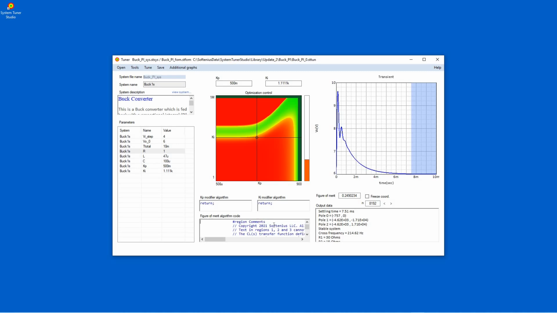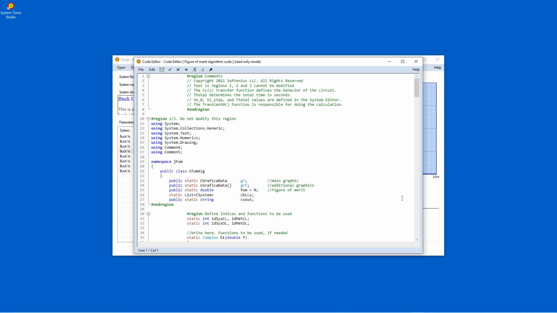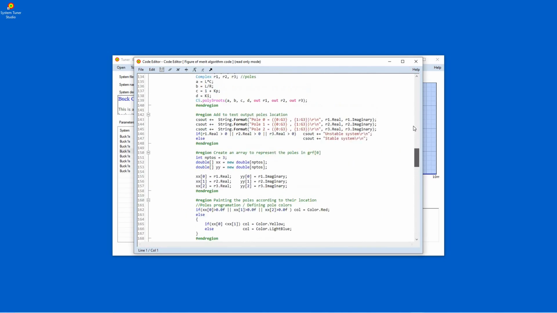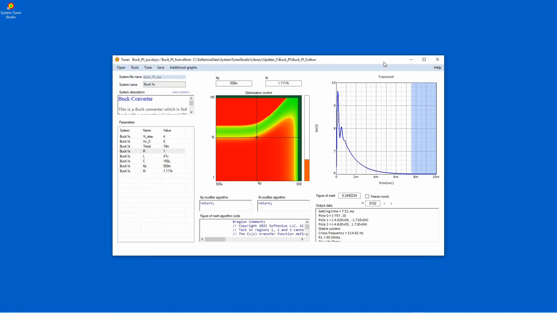This control allows you to view the figure of merit programming. Perhaps the most important is the optimization control.